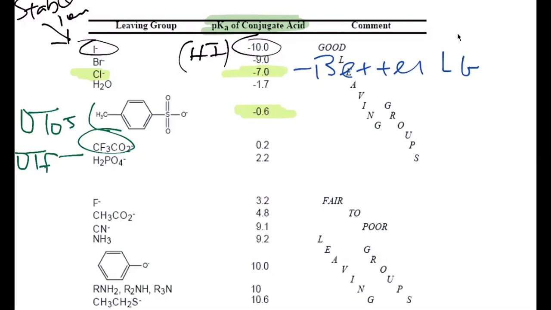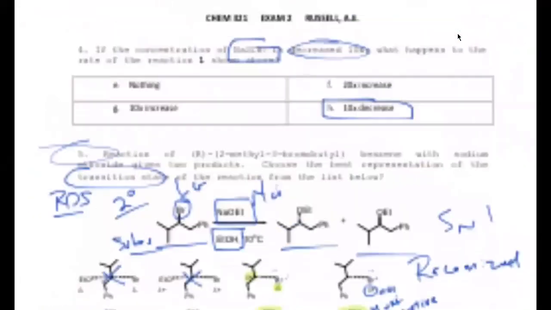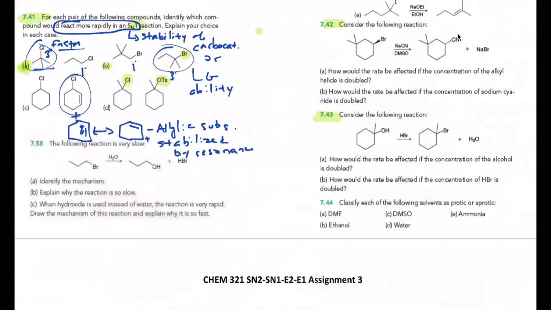So that means that when it leaves, it's okay being by itself and having a charge on it, if there is a charge involved. All right, let's go back to right here. We said the chlorine had a pKa of -7, and then the tosylate had a pKa of -0.6.